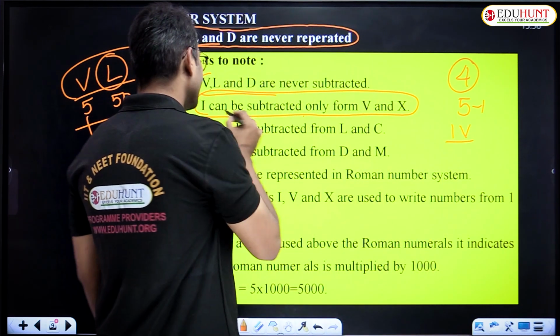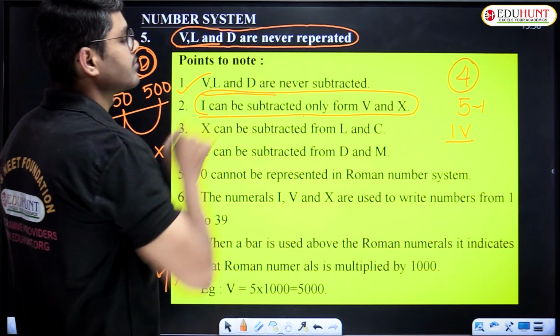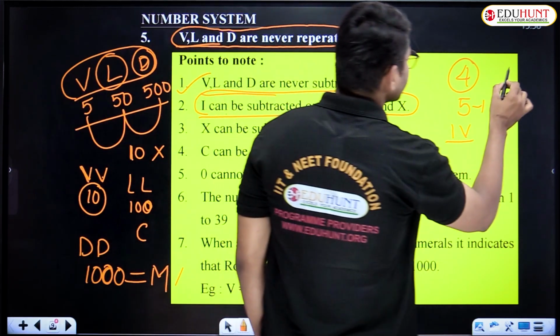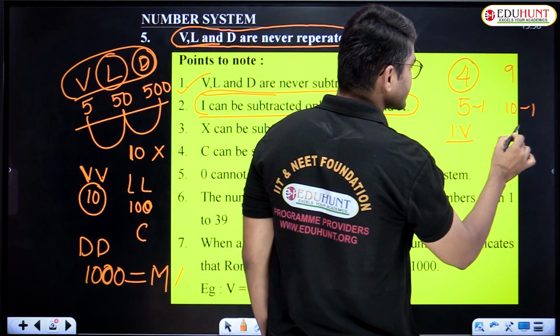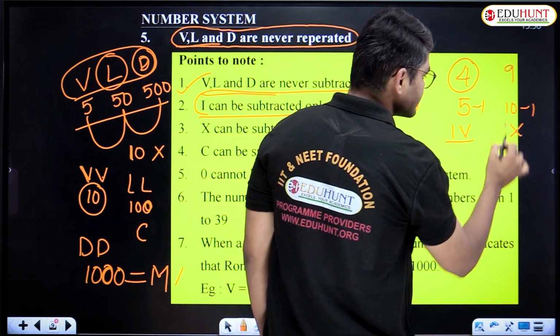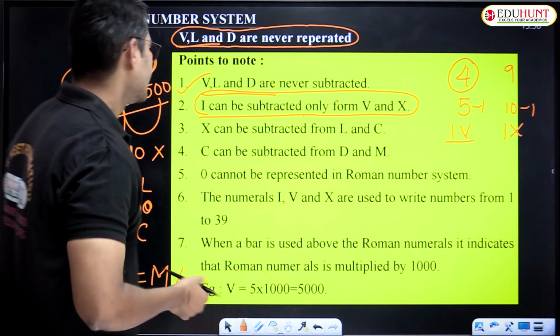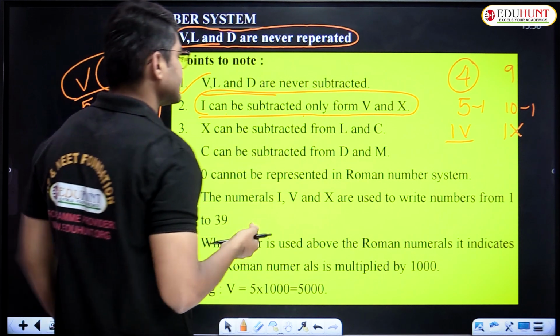And I can be subtracted only from 10. How do I write 9? 10 minus 1 is nothing but 9. 10 is X, and with 1 it is IX. Okay, this is 9.